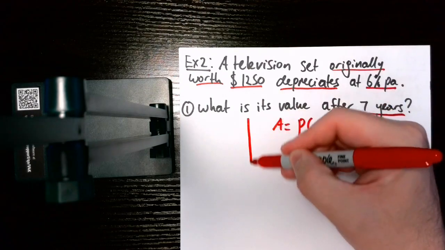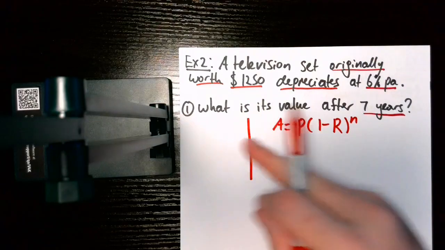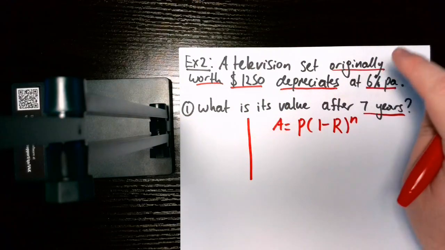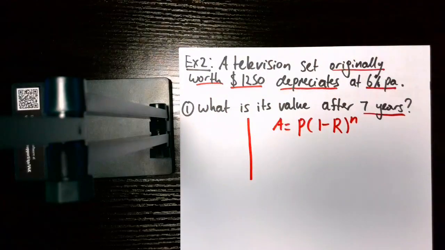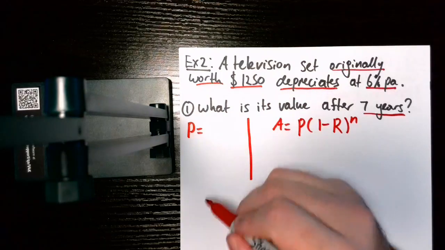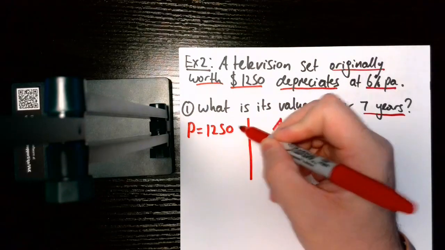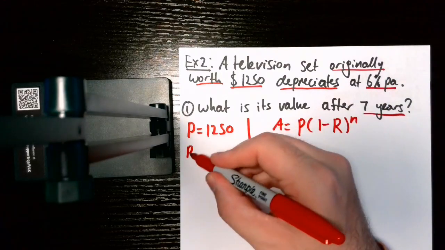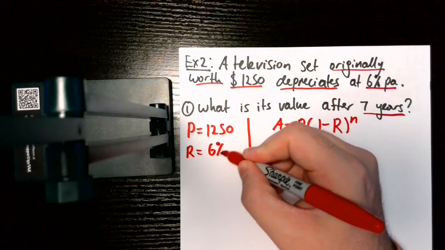Now, let's take some time to set out our values in this formula over on the left-hand side. So it originally is worth $1,250. So we have our principal amount that we start with, $1,250. We have our interest rate at 6% per annum.